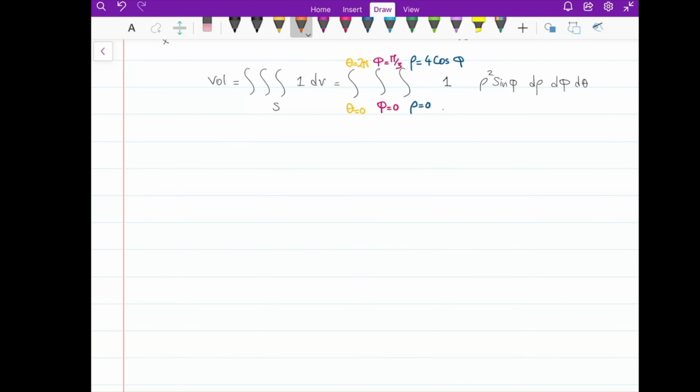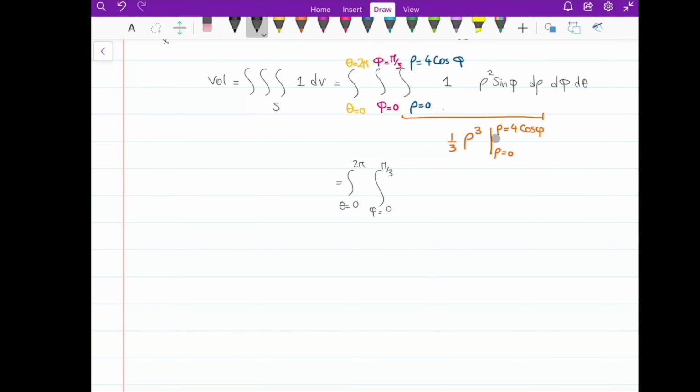So now let me calculate that. The inner integral in here would be what? I have rho squared, and sine phi would be like a constant, so the integral of rho squared would be rho cubed over 3. Rho is from 0 to 4 cosine phi. So I have the integral from 0 to 2 pi, 0 to pi over 3.